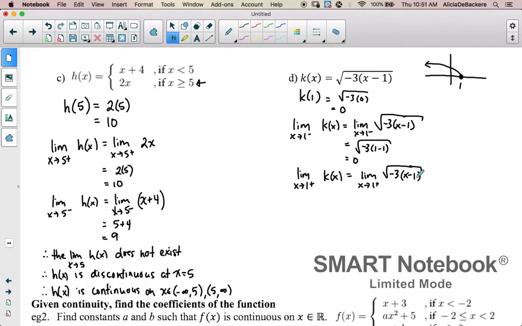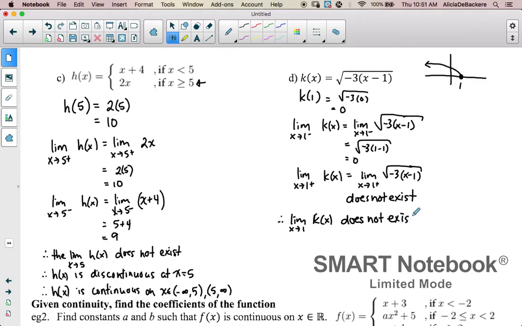If you think about plugging 1.01 in here, then you're going to get like 0.001 or something like that. And then you're going to multiply by -3. And that's a negative number altogether, right? Because this bracket turns out to be positive, and then you multiply it by this negative. And you can't take the square root of a negative. So this limit does not exist. And so therefore, the limit as x approaches 1 of k of x does not exist.